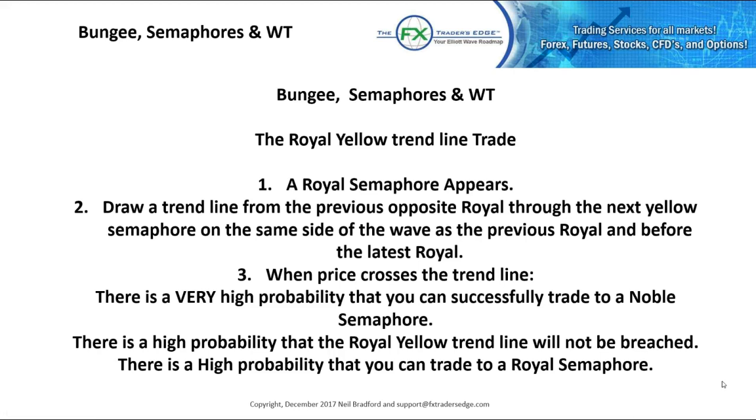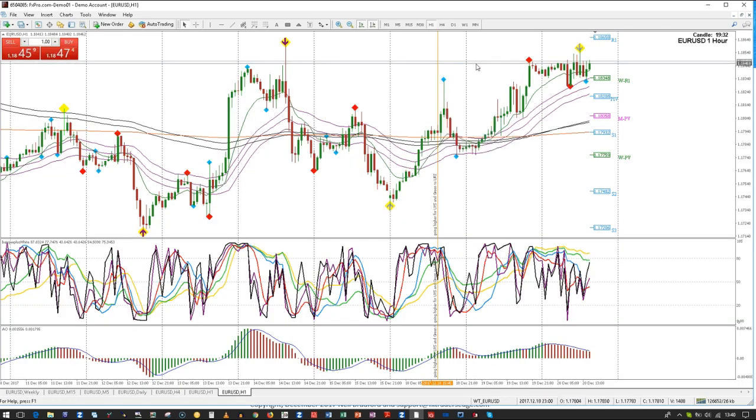Okay, shall we try and find some examples of those on the charts? I can get rid of that orange vertical line now. We've discussed that. So we're on the H1 charts.